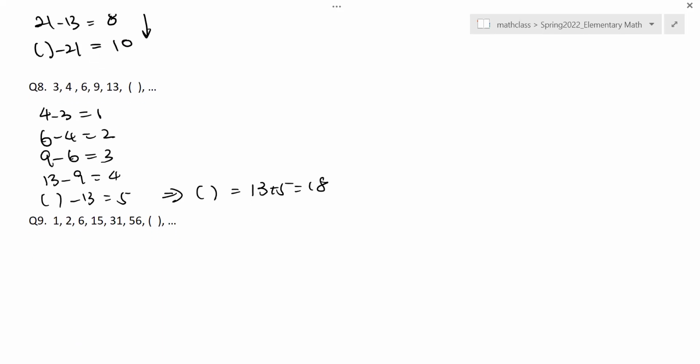All right, how about 1, 2, 6, 15, 31, 56? Now, this is probably a brand new sequence. Well, let's try. Probably the same idea still works. It's increasing pretty fast.